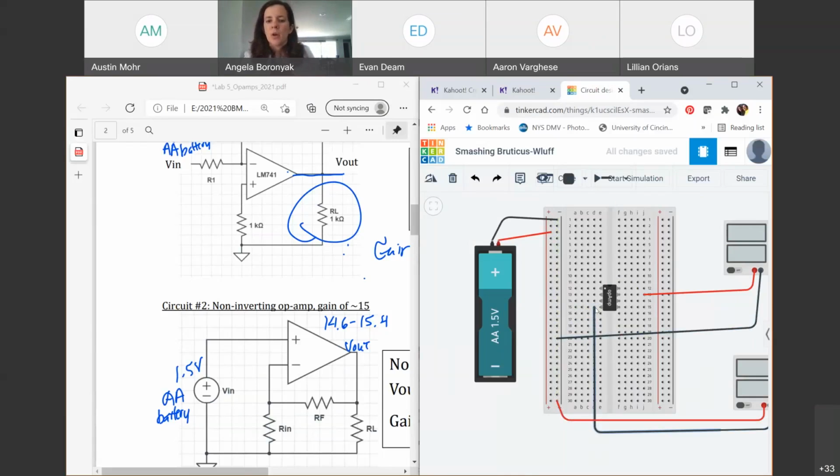Seems a little weird. Okay, for this one, I want VN to go to my non-inverting input. So how am I going to do that? How am I going to wire that in Tinkercad? Where is VN here? Where do I see VN in the circuit?